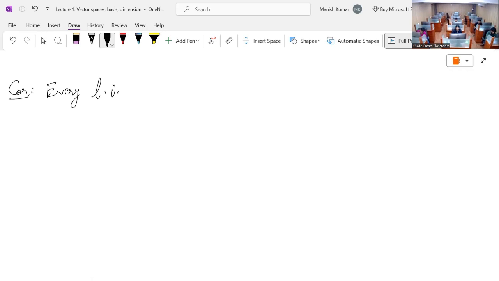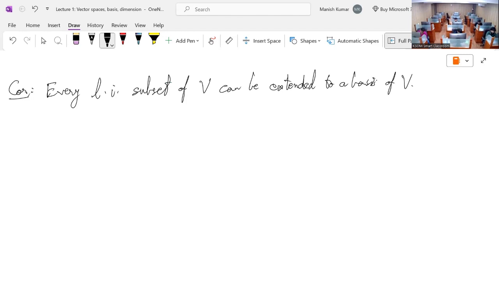Every linearly independent subset of V can be extended to a basis. For that, I'll have to prove existence of a basis. Okay, so I'll do that. Extended to a basis of V. Okay, so this is one.